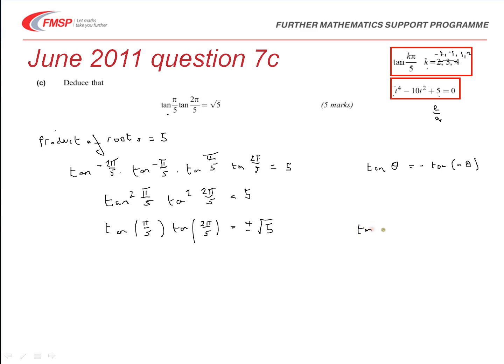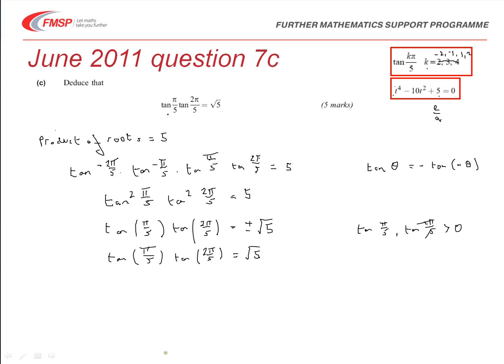These particular values of theta, tan of pi by 5 and tan of 2 pi by 5, are greater than 0. So in fact, what we must have is that the tan of pi by 5 multiplied by the tan of 2 pi by 5 must just be equal to the positive root. Couldn't possibly be negative.